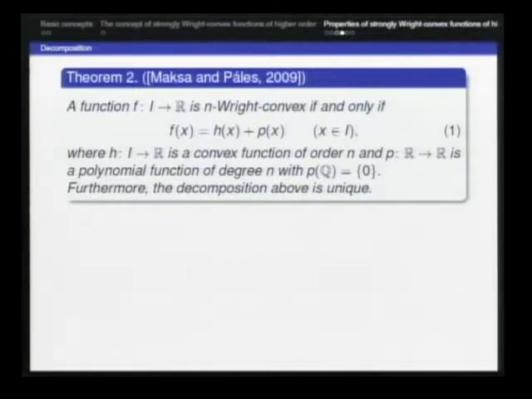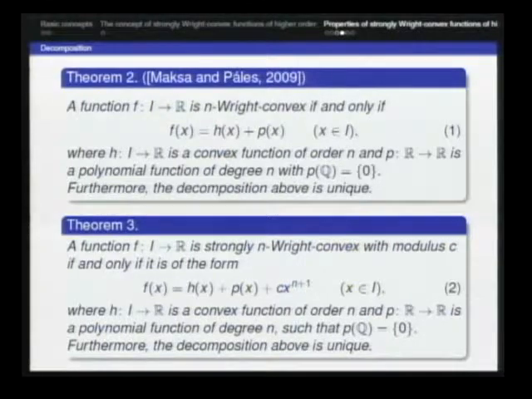They proved that a real valued function defined on an open interval I is n-right convex if and only if it has the form f equals h, a convex function of order n, plus p, a polynomial function of order n. They also proved that on the rational numbers, this p part is equal to 0. Maksa and Páles proved that this decomposition is also unique.